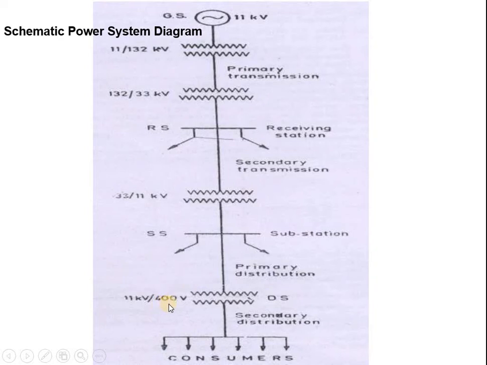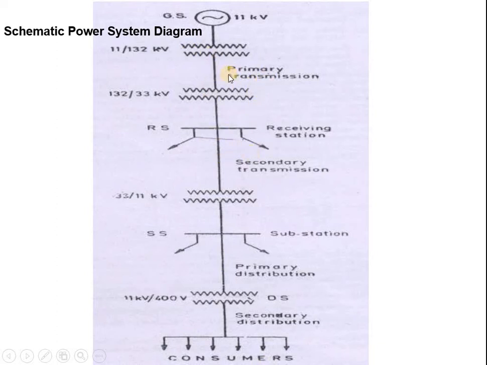Now this 11 kilovolt is again converted into 400 volt with the help of distribution transformer and this 400 volt we can use inside the house, inside the industry, inside the workshops. So these are the consumers or you can say the load centers. The flow of power from generating station to the consumer requires different levels.